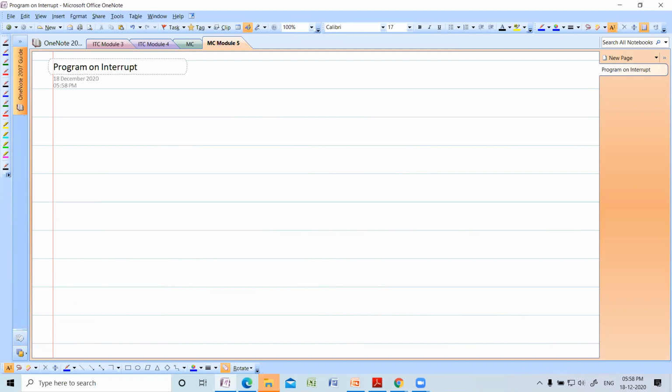So it is like this. So this is your microcontroller.